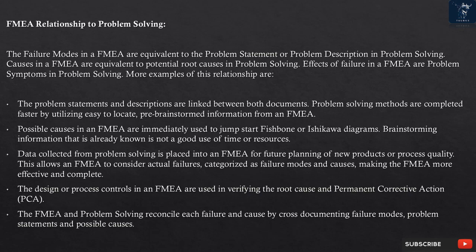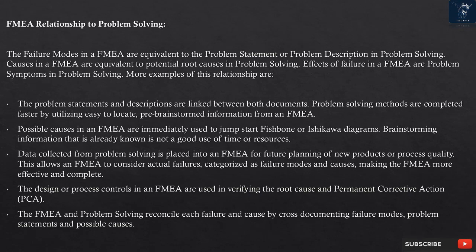More examples of this relationship are: the problem statements and descriptions are linked between both documents. Problem-solving methods are completed faster by utilizing easy-to-locate, pre-brainstormed information from an FMEA. Possible causes in an FMEA are immediately used to jumpstart fishbone or Ishikawa diagrams. Brainstorming information that is already known is not a good use of time or resources.